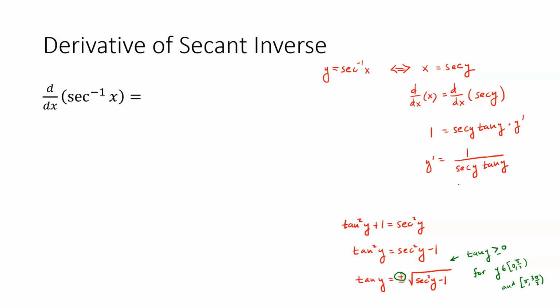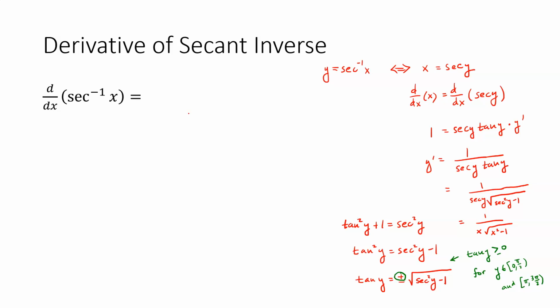And therefore here, finishing it up, we have 1 over secant y square root of secant squared minus 1. Leaves me with, now we can replace secant y with x: 1 over x square root of x squared minus 1.